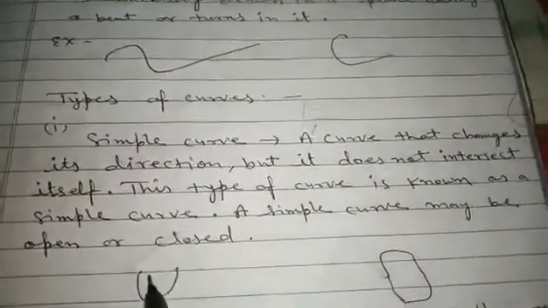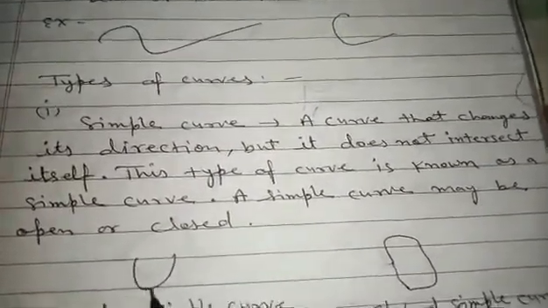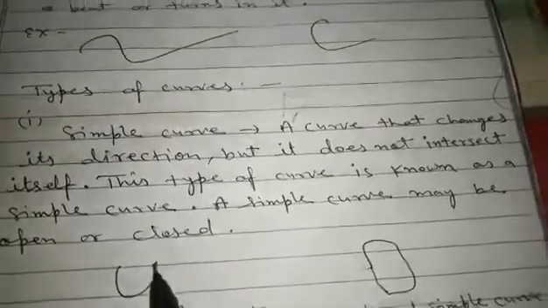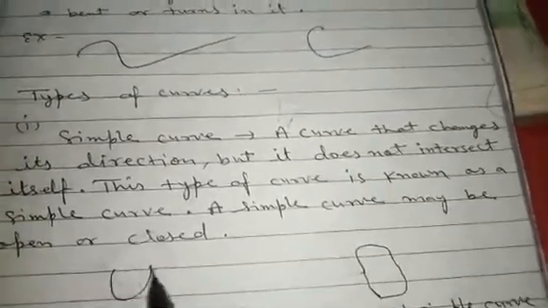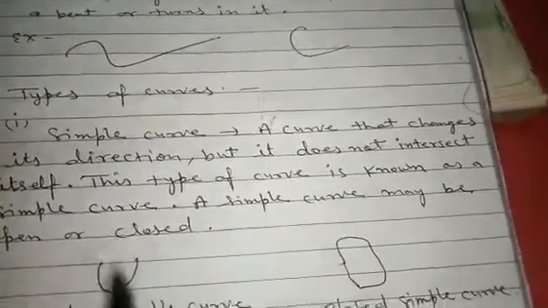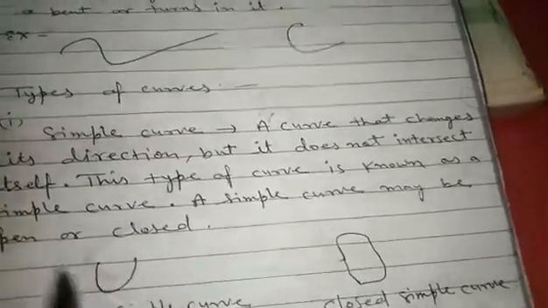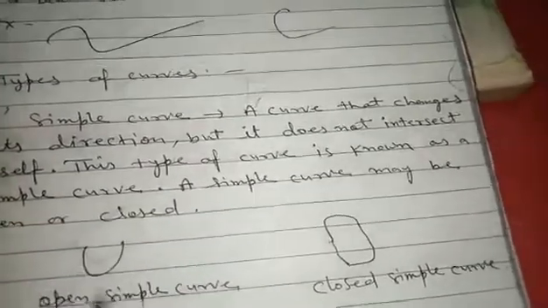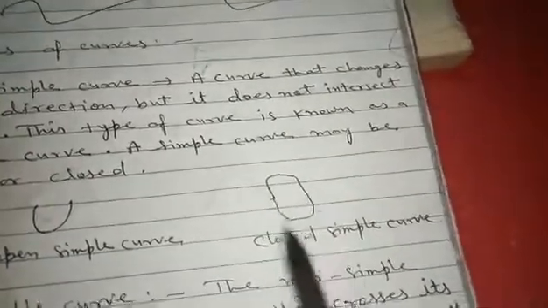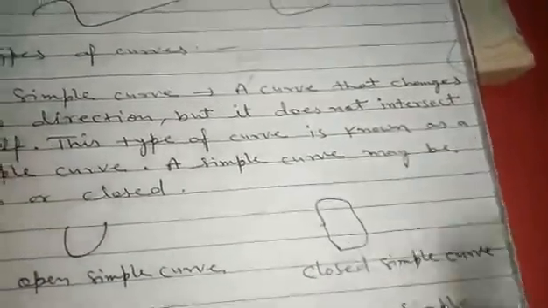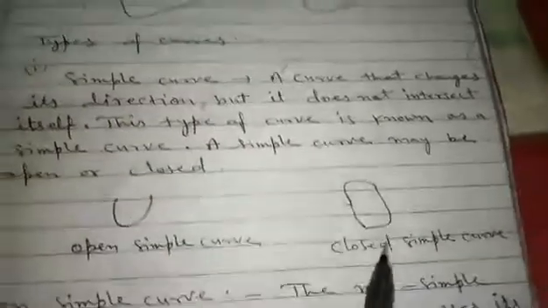Suppose we draw these steps, they change their direction, but they do not intersect themselves. This one is an open simple curve and this one is a closed simple curve. So simple curve is clear.